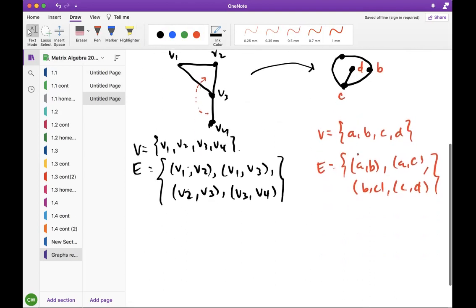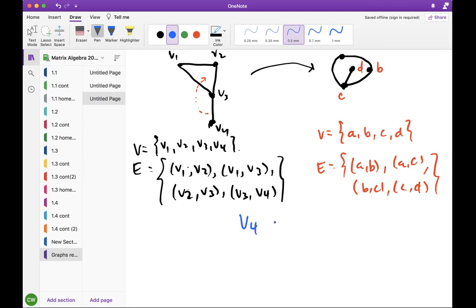So what is the relabeling? Let's think about what relabeling would be. V4 can only be relabeled to D, right? It's kind of that distinctive. There's no other vertex like that.